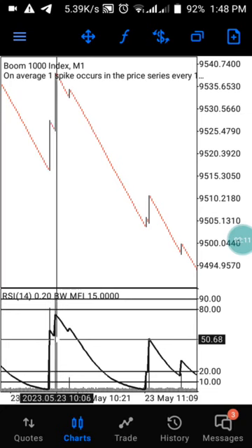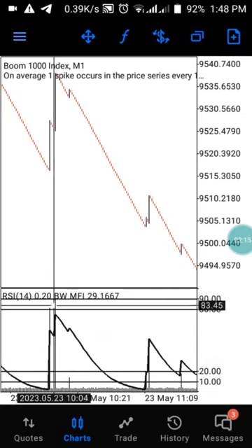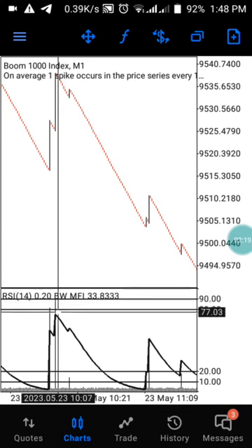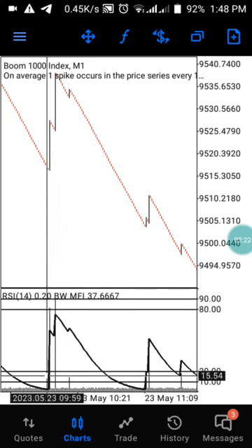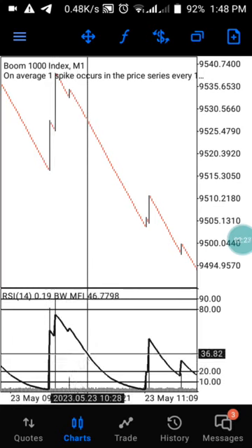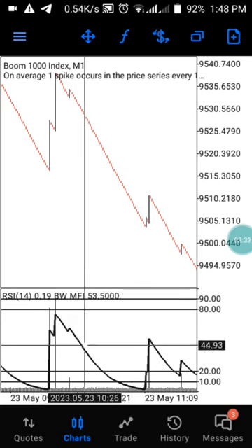You see it's reaching our 90 level here, and another one here also reaching our 90 level. And this black thick one you are seeing now is the RSI 14.